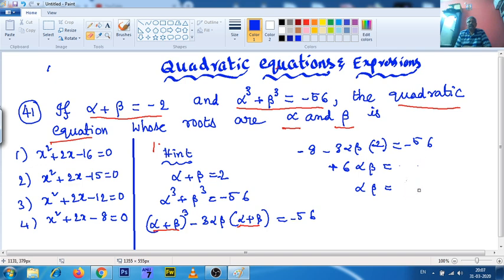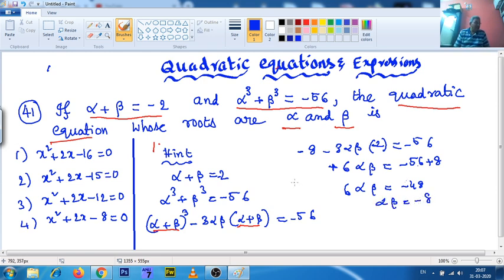Let us wait. So now we get 6 alpha beta equals minus 56 plus 8. How much will we be getting? 6 alpha beta is equal to minus 48, am I correct? Now, alpha beta equals minus 8.